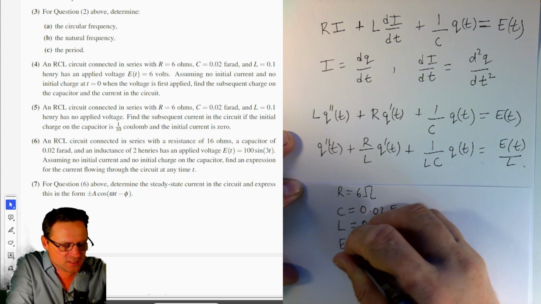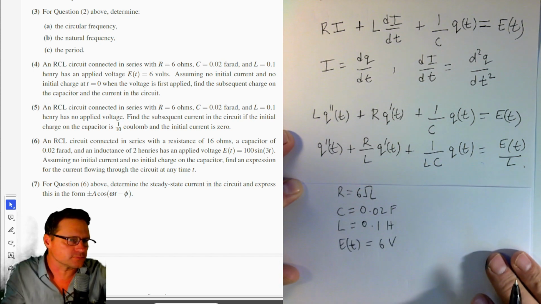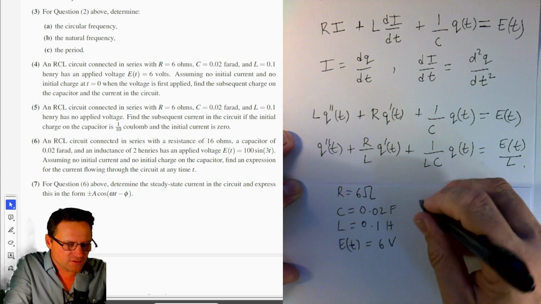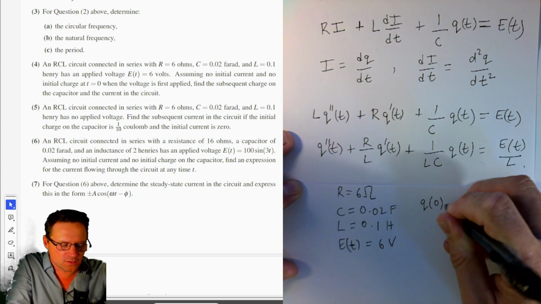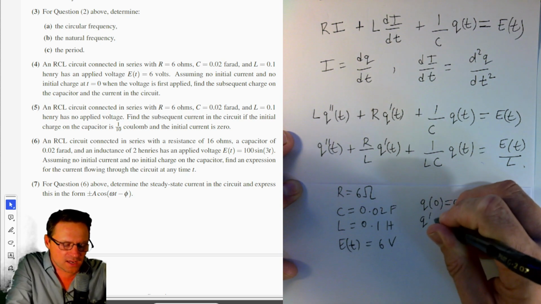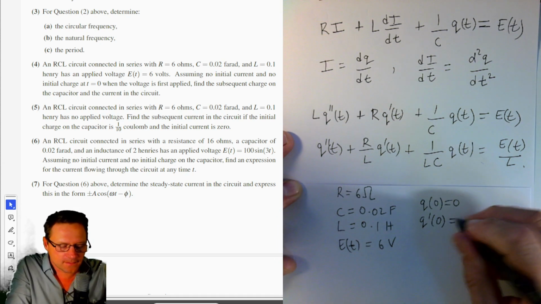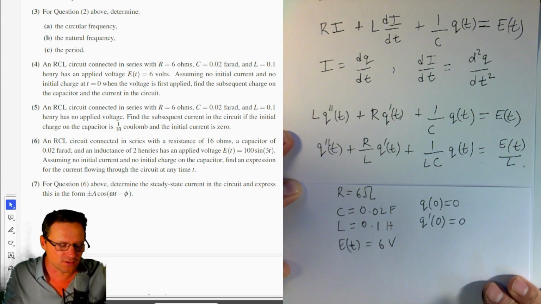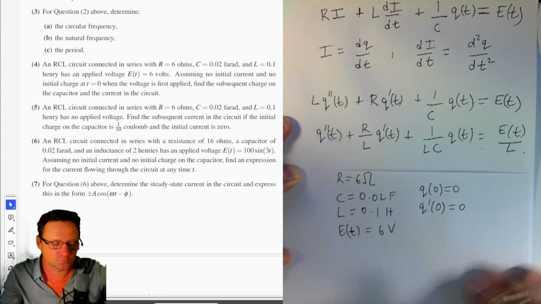We have E(t) is 6 volts. And we have no initial charge, so q(0) is 0, and no initial current, so q'(0) is 0. Okay, so now let's use this differential equation.